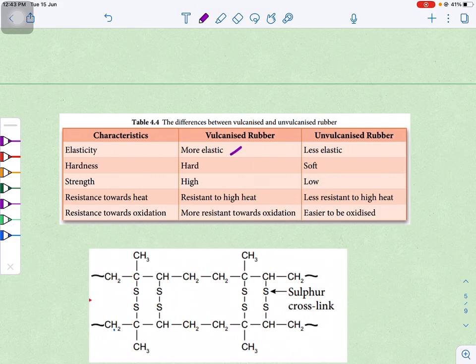So vulcanized more elastic, unvulcanized less; hardness, vulcanized more hard, unvulcanized soft; vulcanized more strength, unvulcanized low strength; resistant toward heat, vulcanized is more resistant, unvulcanized is less resistant; and towards oxidation, vulcanized rubber is more resistant, susah nak berlaku oxidation, whereby unvulcanized rubber easy to be oxidized, so dia bau busuk. So if we compare this characteristic, so for sure kita akan memilih untuk menghasilkan vulcanized rubber because it is more power dari segi karakter dia.